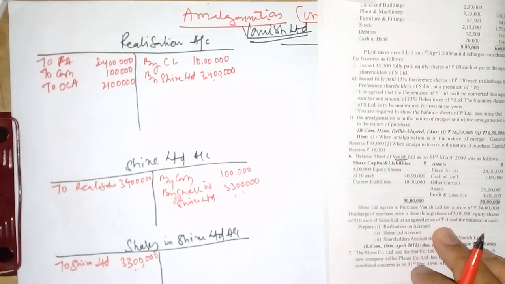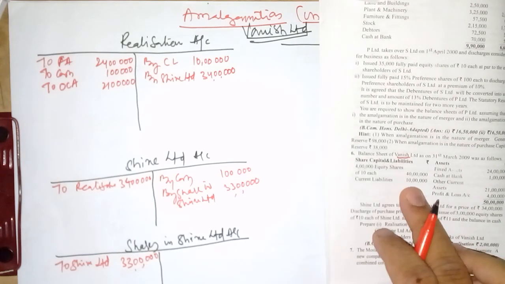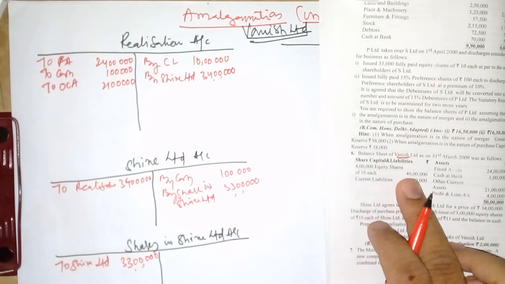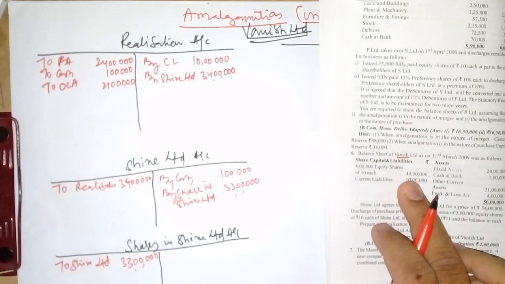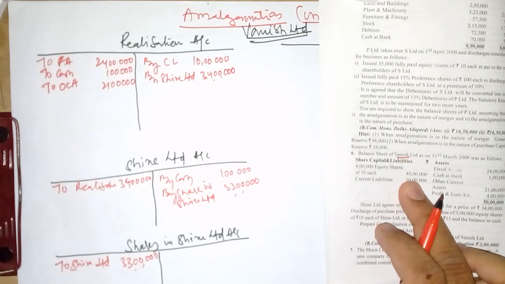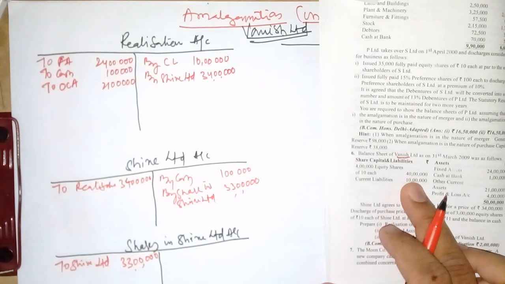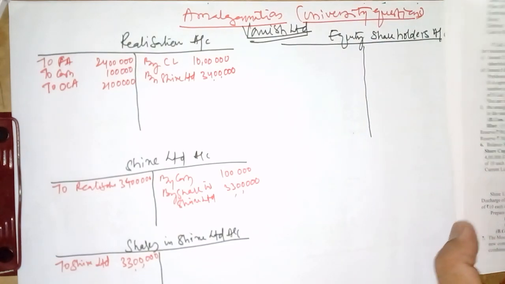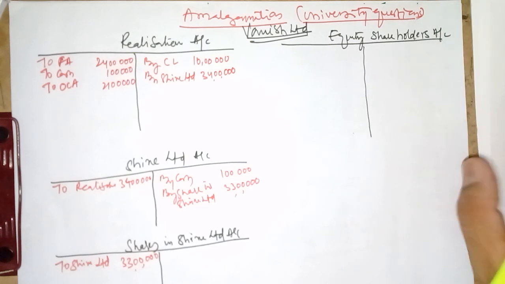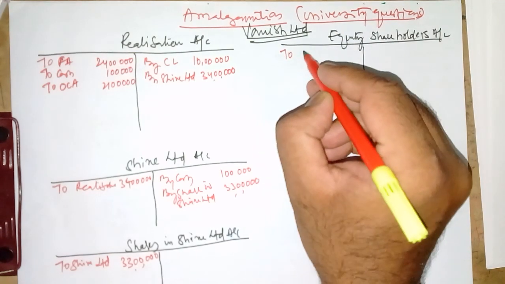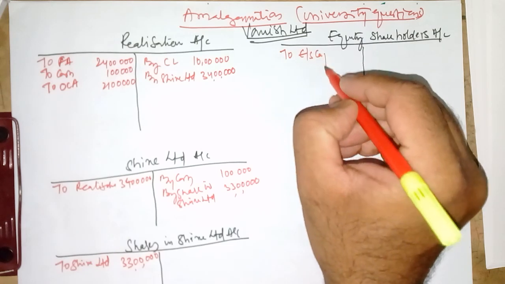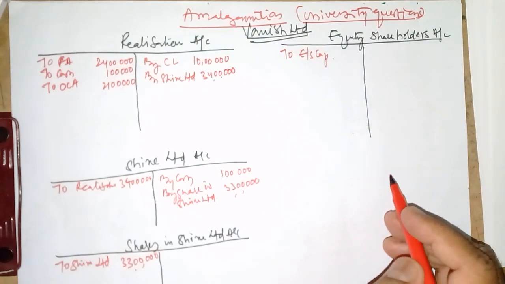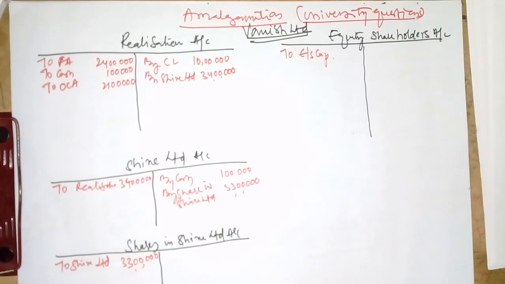Next, transfer of equity share capital to equity shareholders account. This equity share capital and reserves, we don't have any reserve, but this equity share capital we have, it should be transferred to which account? Equity shareholders account. The entry would be equity share capital account debit to equity shareholders account.